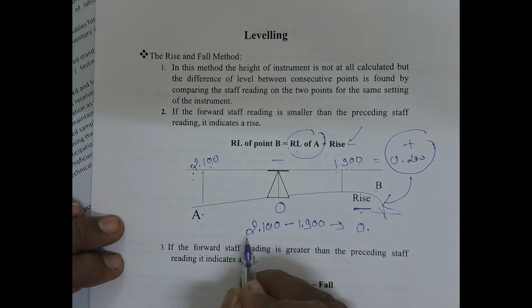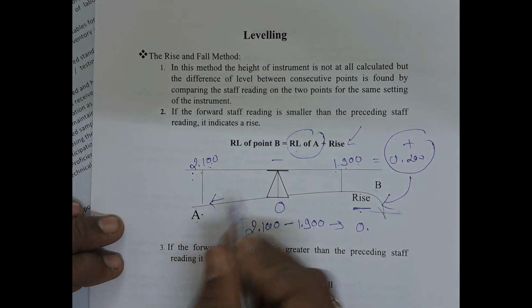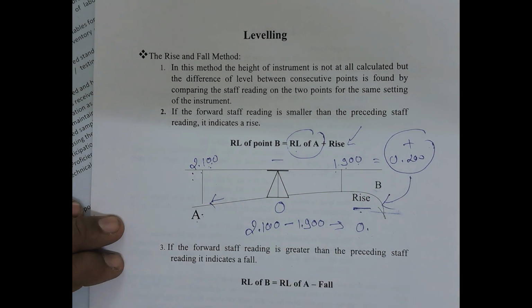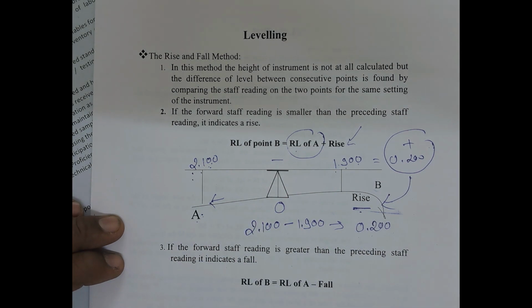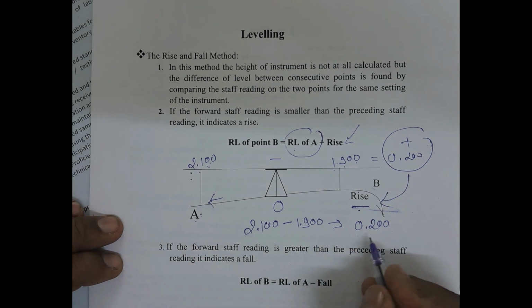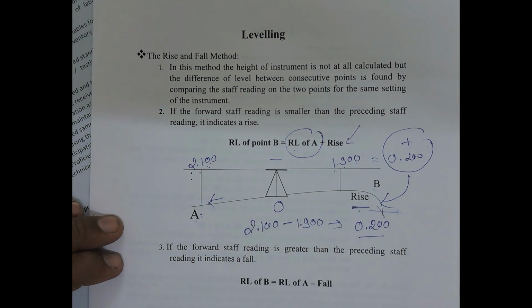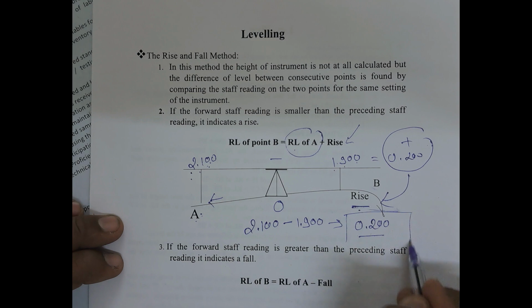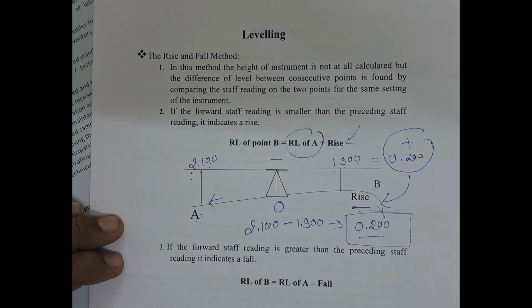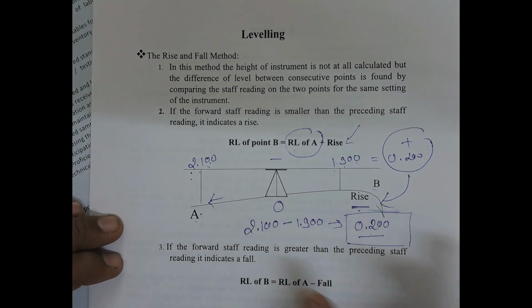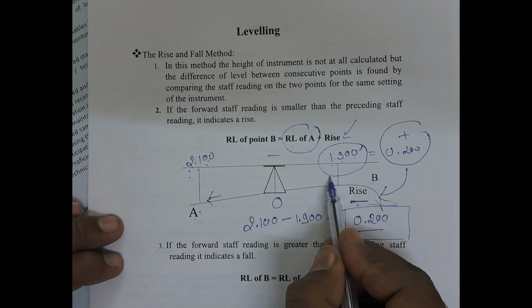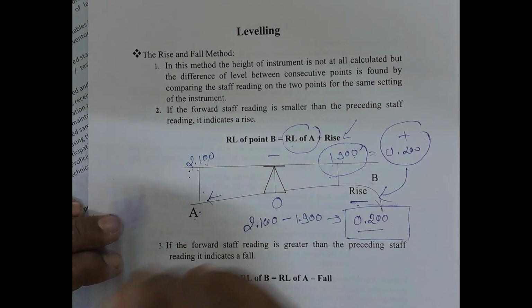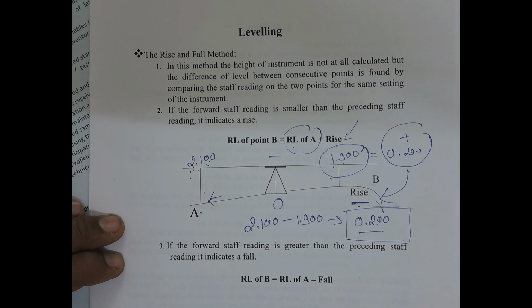It is positive because the previous value is greater than the succeeding one. So in this case we consider it a rise if we have a positive value. You can identify it easily by normal observation: if the value at B is lesser than the preceding value, it is a rise.